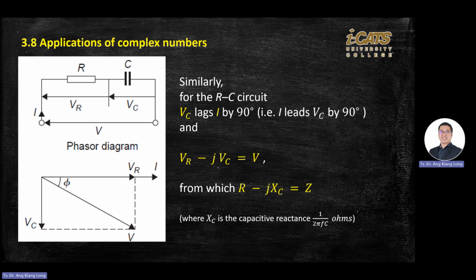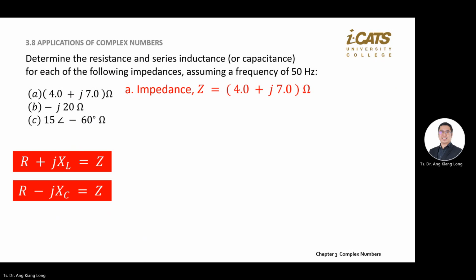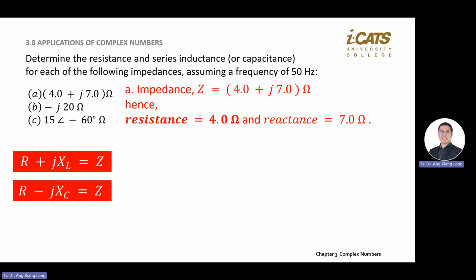Okay, just observe the application. This one is plus, and the impedance Z equal to 4 plus J7 ohm. You want to determine the resistance and series induction. So 4 is your resistance. The answer is resistance equal to 4 ohms. Your reactance is 7, the imaginary number.